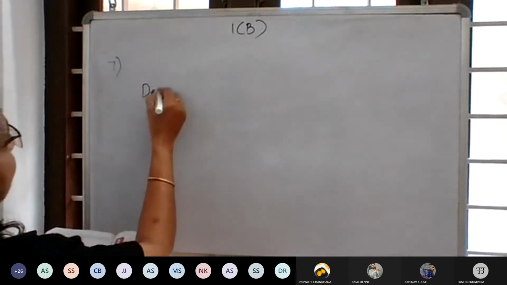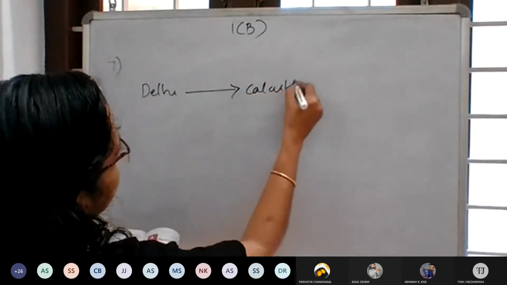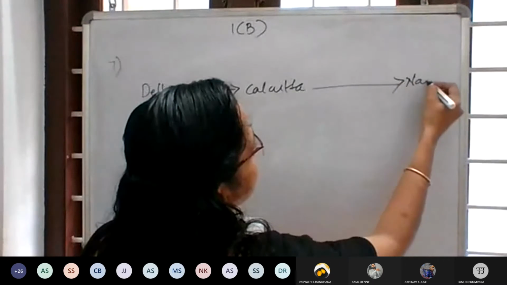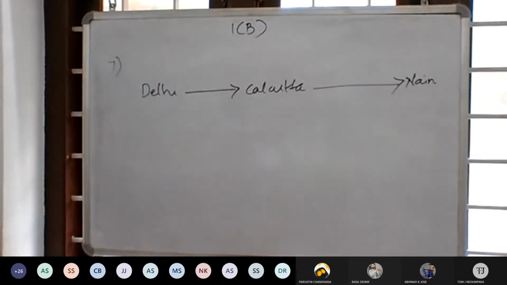Consultancy services worth 50,000 are transferred from Delhi to Calcutta at the rate of GST 18%, and then from Calcutta to Nainital with profit 20,000 at the same rate of GST. Find the output tax at Delhi.